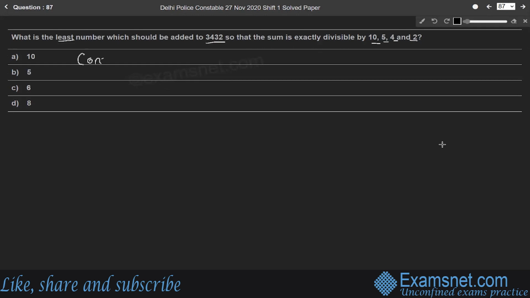So if x is the number, and x is divided by A, by B, by C, and by D, then this number is always a multiple of their LCM, that means LCM of A, B, C, D. Right? So in the given example, A, B, C, D are 10, 5, 4 and 2.